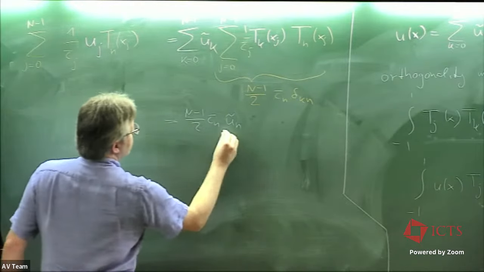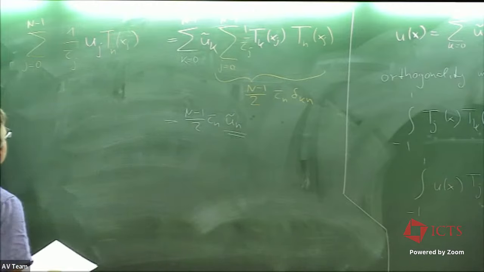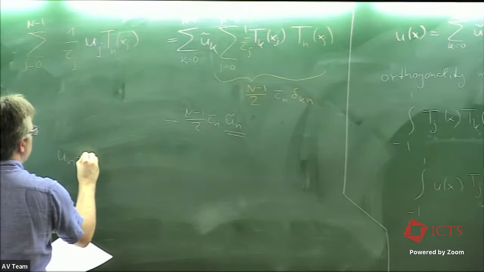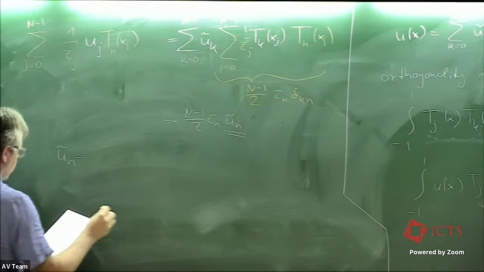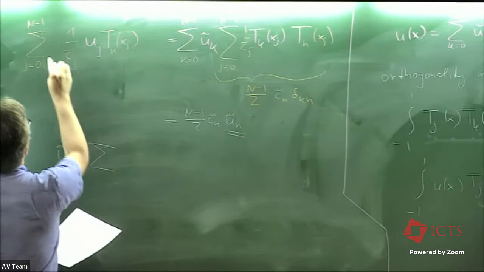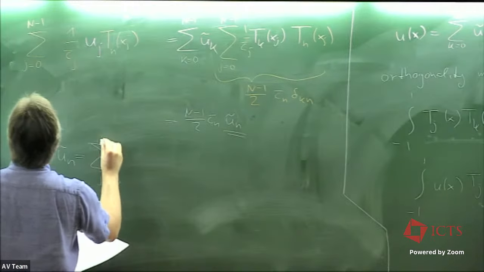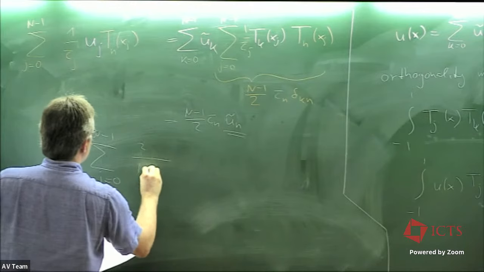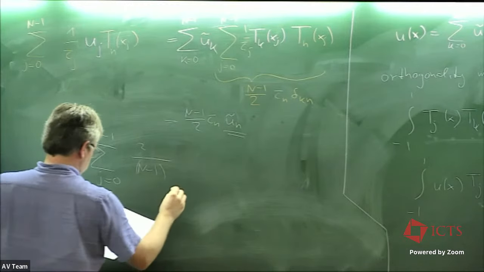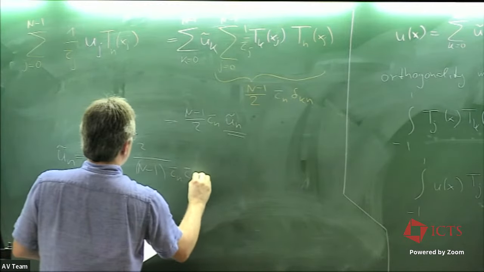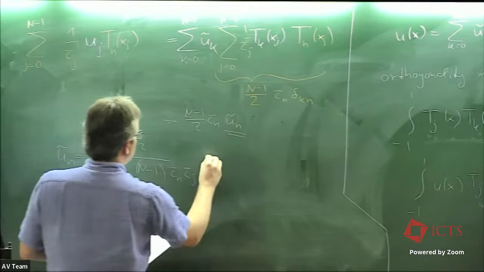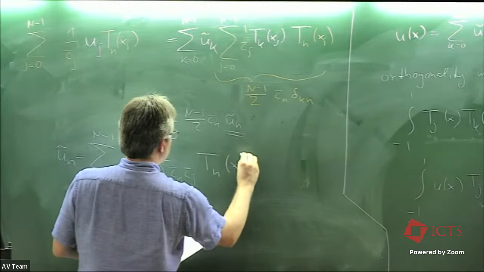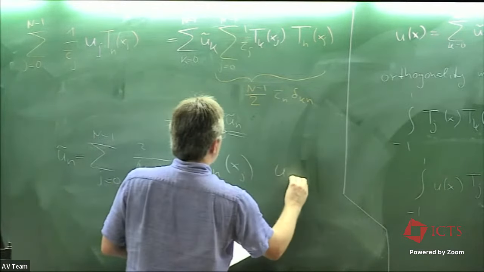So we have precisely our u_n on the right-hand side, and we can solve for it, and we can write u tilde_n equals the sum over j equals 0 to n minus 1, 2 over n minus 1 c bar_n c bar_j, T_n of x_j times u_j.